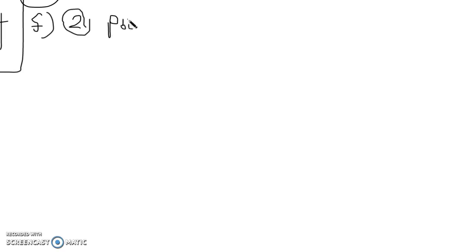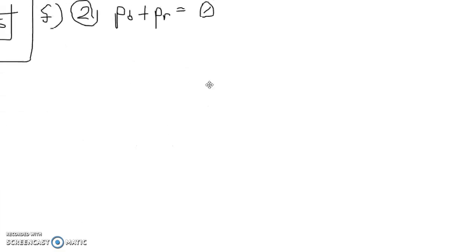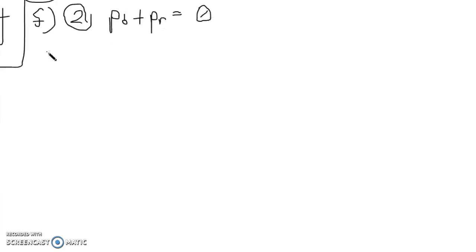Let's say PB plus PR, the final momentum of the bullet plus the final momentum of the rifle, equals 0, because we just found that out here. These are the finals again.